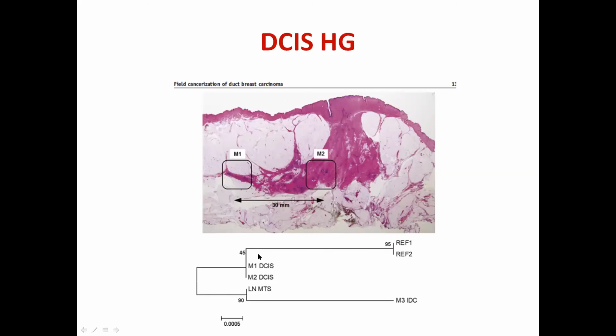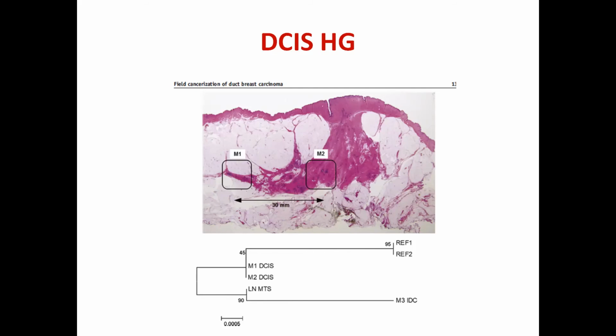And you see that the two DCIS are completely in the same branch of the tumor tree. This patient had another cancer in the other breast and it was not related, but in this breast, all the foci of DCIS were clonally related.